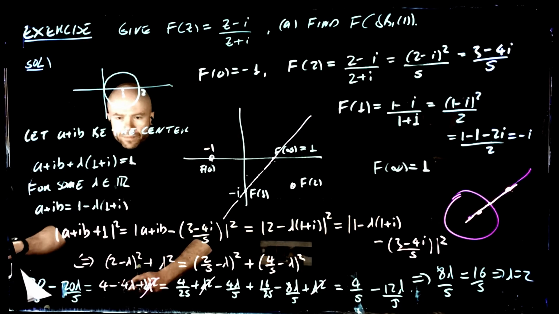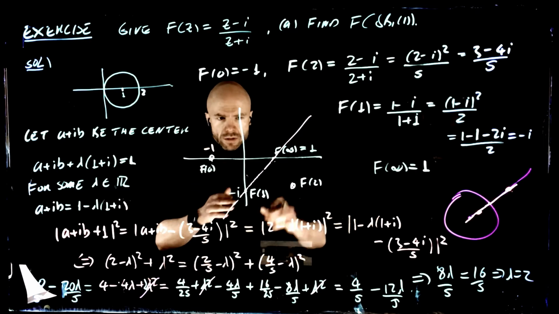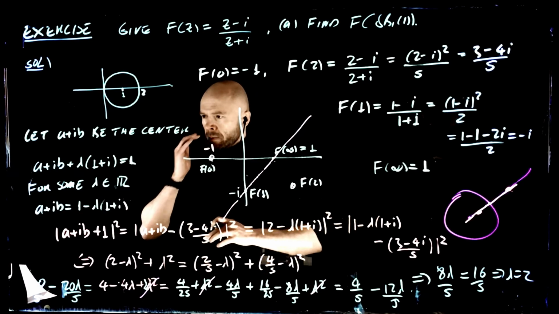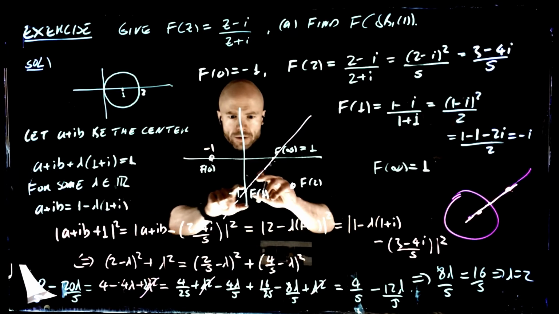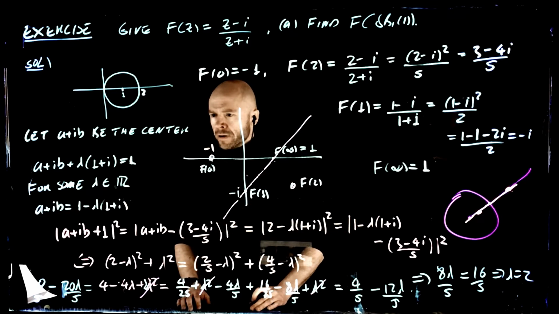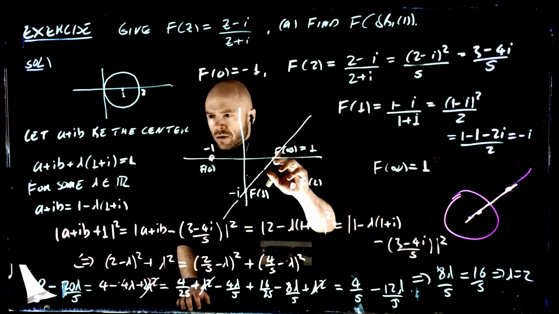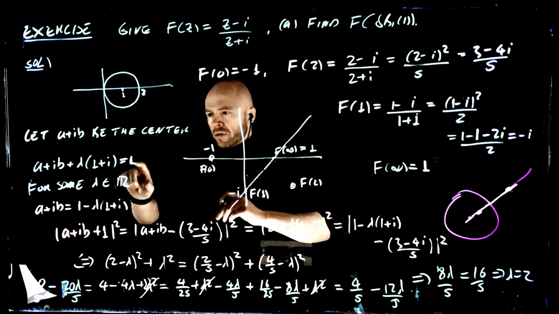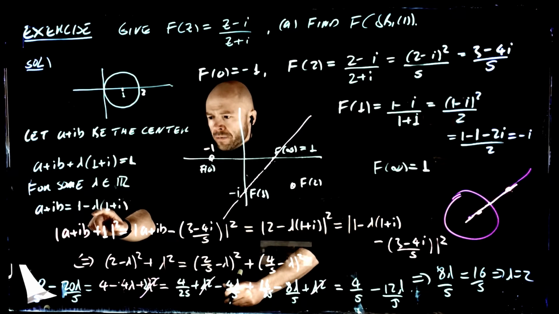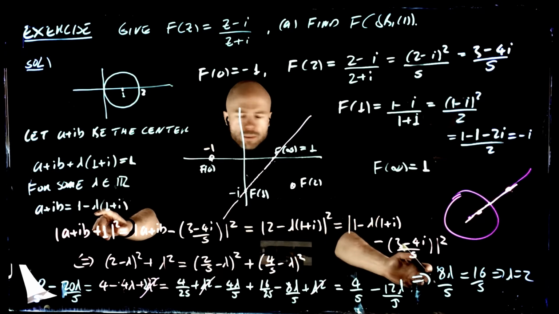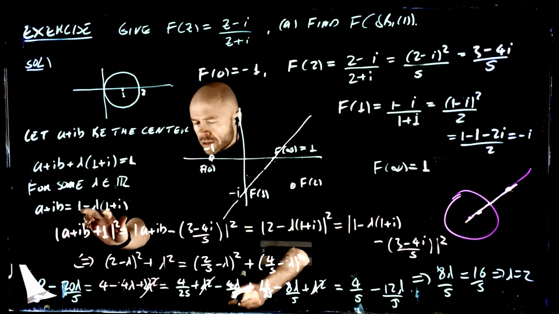Cool. So, since we know the center is on a line like this, which has to go down from, or up, whatever you want, from 1, we've now found that this lambda is equal to 2. So our center, therefore, has to be given by this thing right here, right?